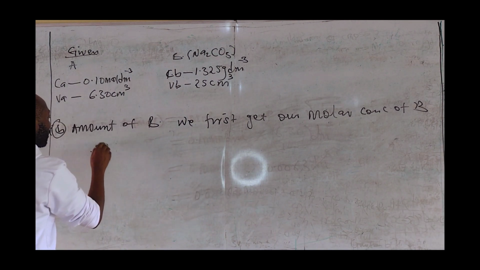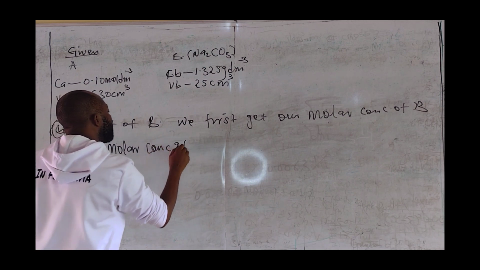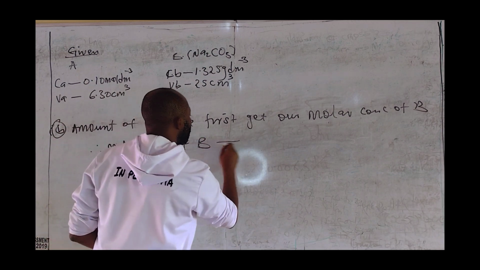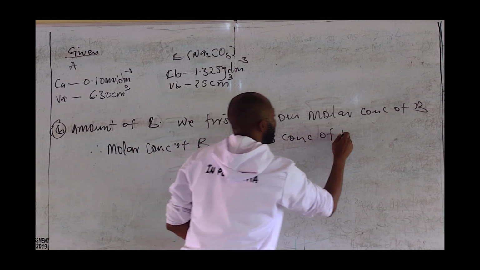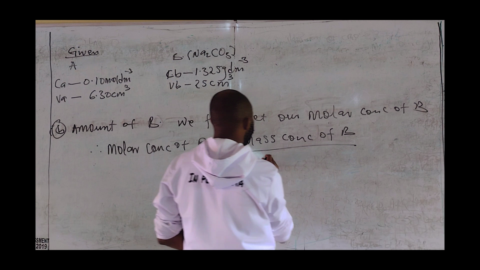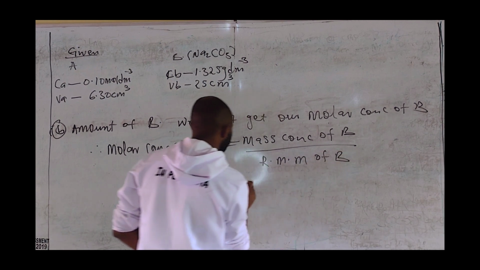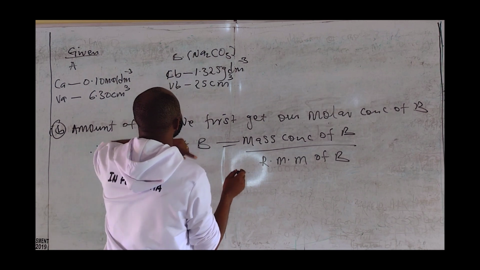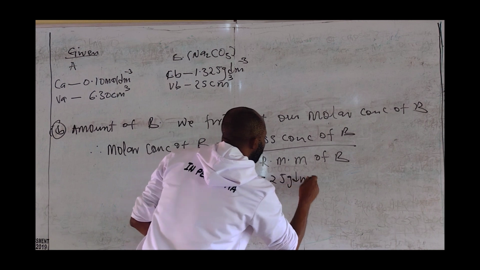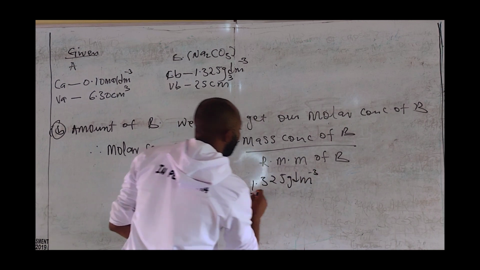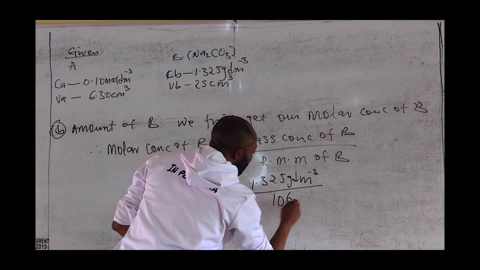Therefore, the molar concentration of B is mass concentration of B divided by relative molecular mass of B. And the mass concentration is given to be 1.325 g/dm3, over the relative molecular mass of this compound, which is 106 g/mol.